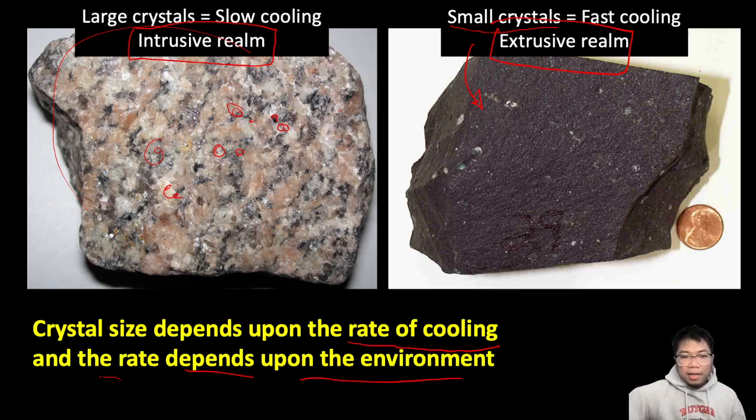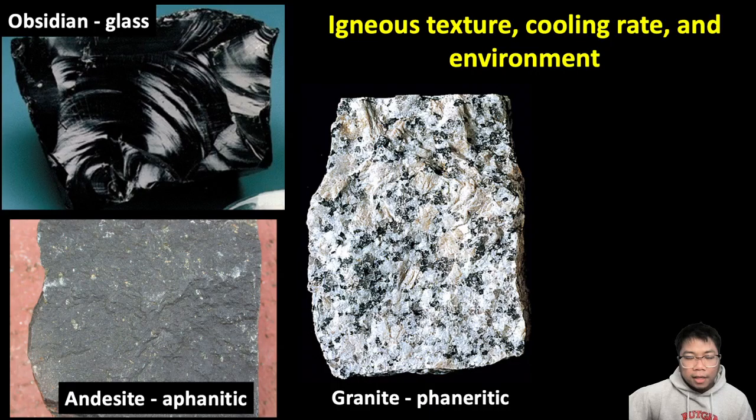So again, the crystal size depends upon the rate of cooling, and the rate depends upon the environment where it forms. So for example, I have three different types of rocks. I have granite, very coarse grain. I have andesite, which is aphanitic, and I have obsidian or glass texture.